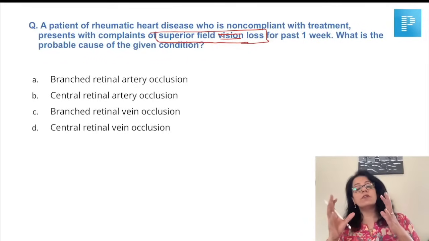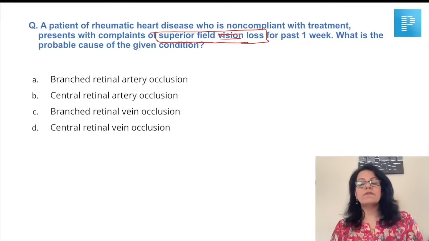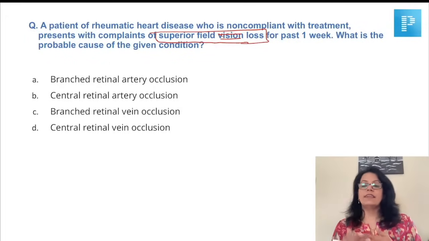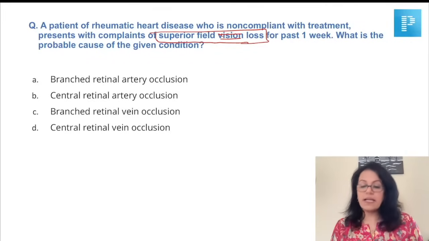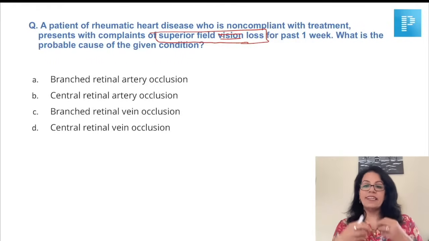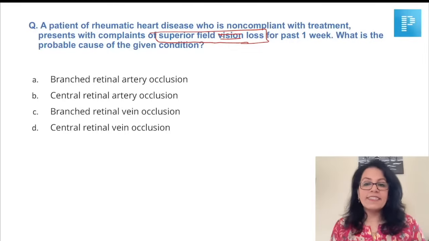When you talk about rheumatic heart disease, if we look at the ocular features, most commonly it is anterior segment involvement and other things associated with rheumatoid arthritis. But later, when there is a heart disease complication, we all know any vasculitis can lead to blockage of vein and also artery, correct?